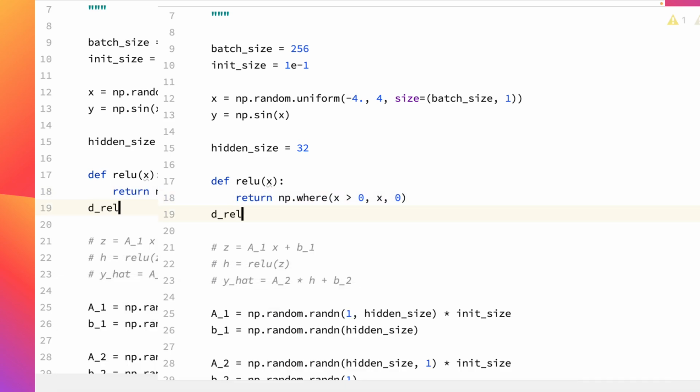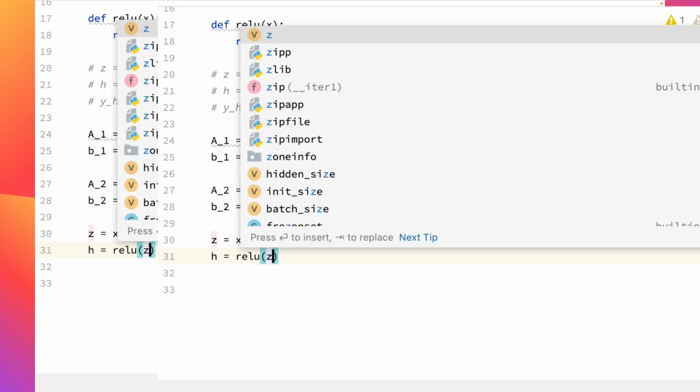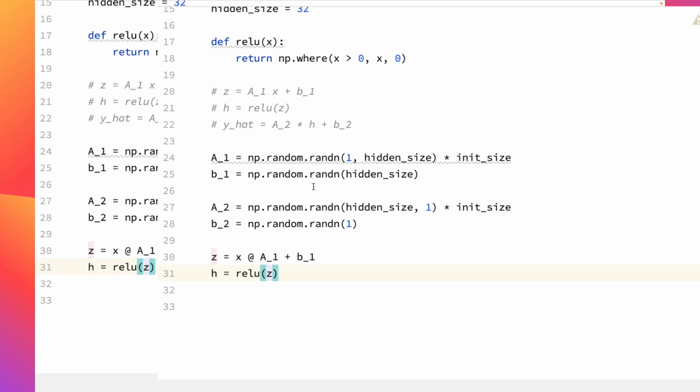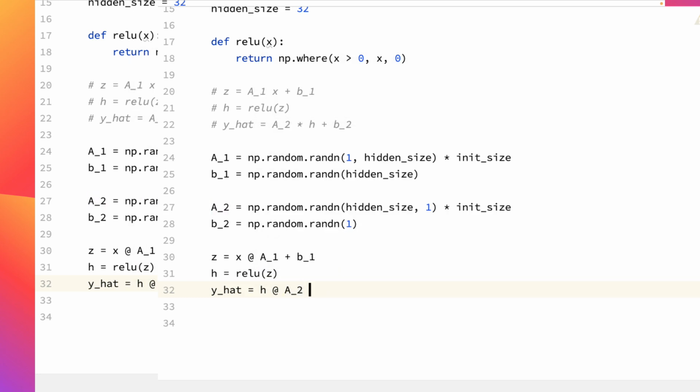And we will need the derivative in a second, but let's not get too ahead of ourselves. So then we have h, and then y hat is h times a2 plus b2.